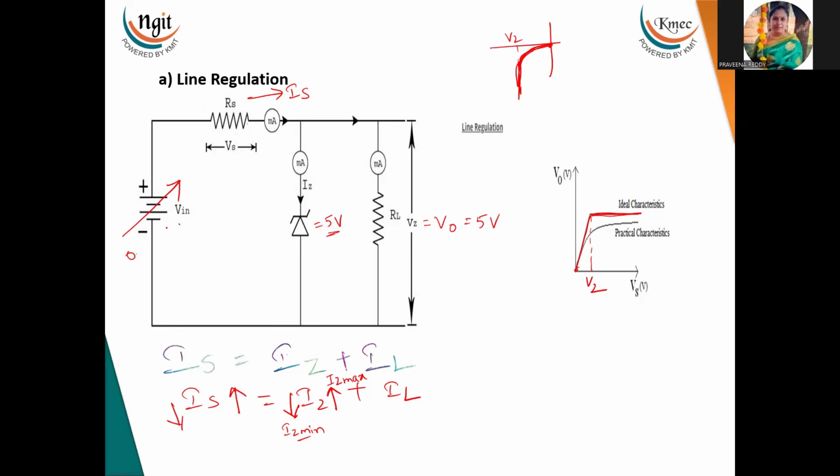If I take 5 volts at the input, I won't get 5 volts at this point because some drop is at RS. That's why I always have to give more than the Zener voltage at the input. Then only I will achieve the regulation at the output. This is about the line regulation.